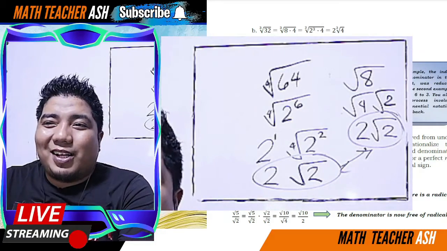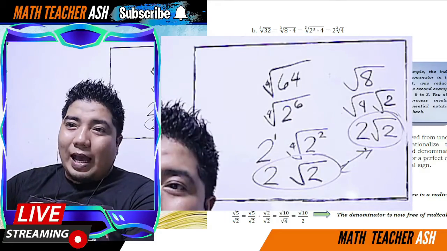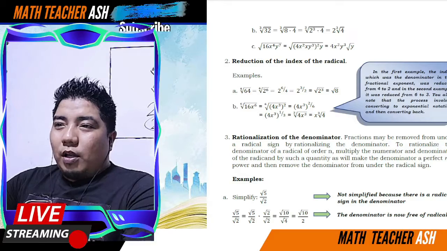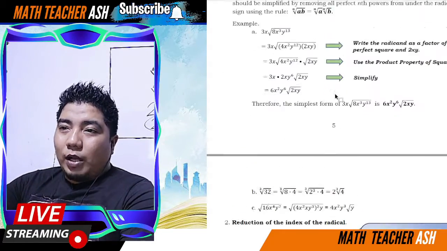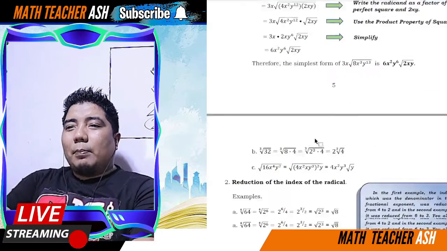Okay, my dear math learners? So, I hope klarong-klaro yan sa inyo. So, that is another way how to simplify. As we all know, in this given module, the square root of 8 is not yet simplified. Pwede pa itong biyakin. Katulad dito kanina. Oh, yan. Okay? So, pwede pa yung biyakin.